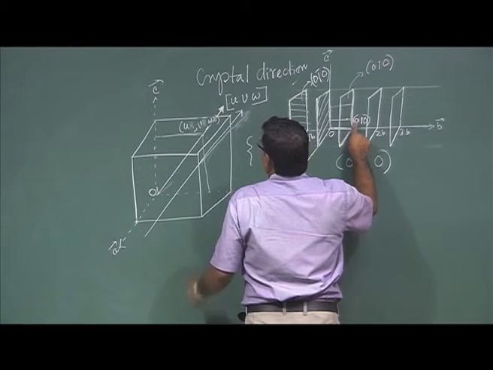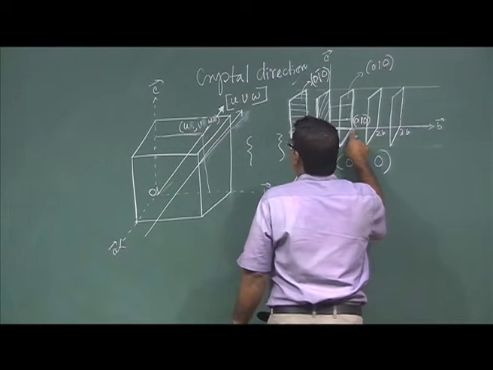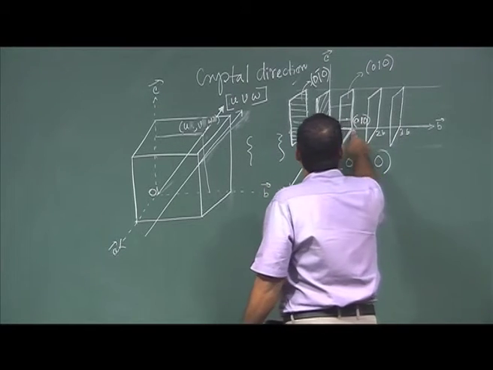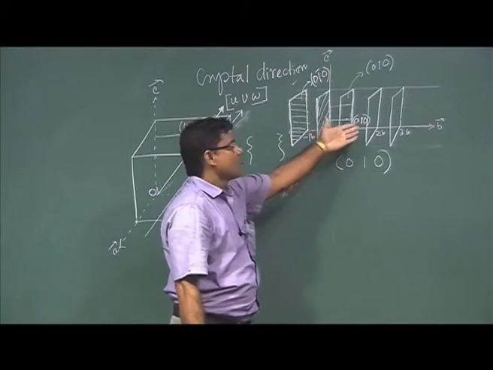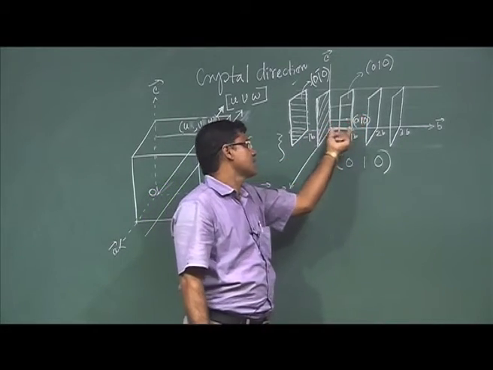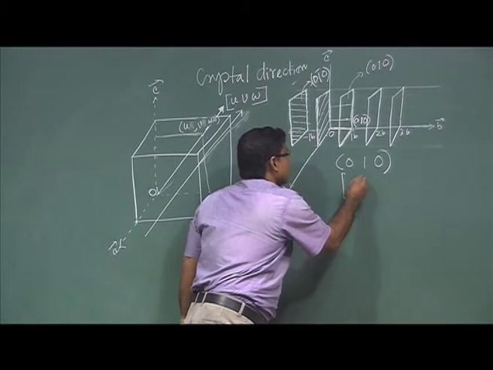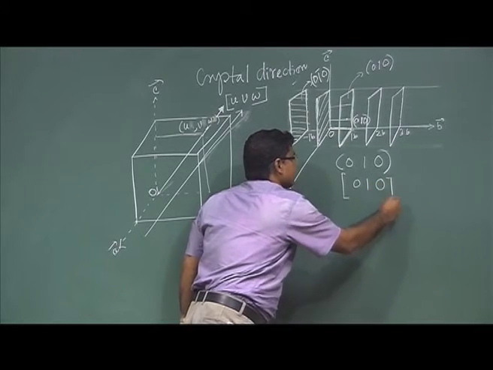So, this is the UVW value, basically the coordinate of this foot of the normal on this plane. Okay. So, what will be the direction then of this? As I told, we will write in a third bracket, right.